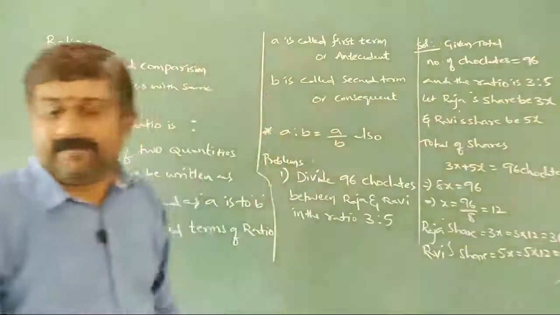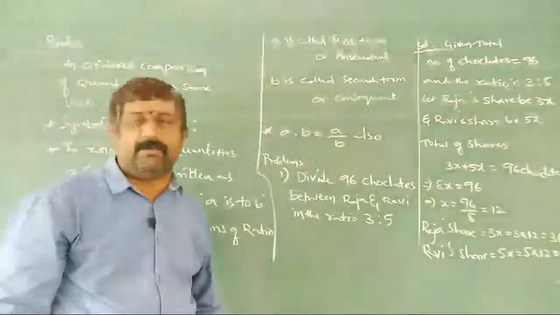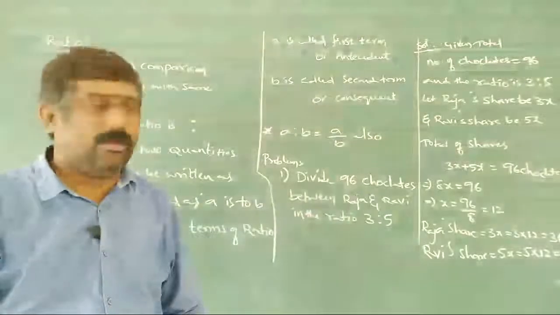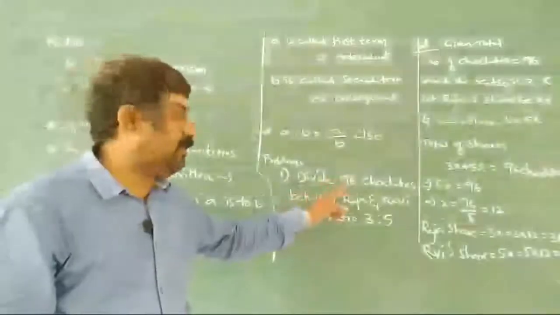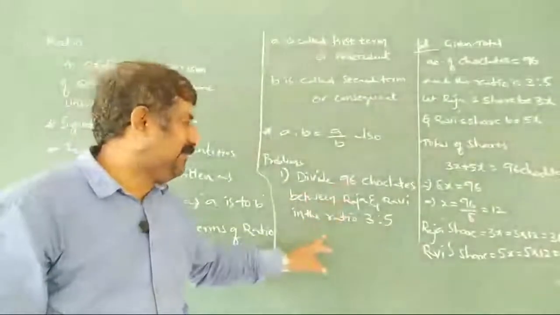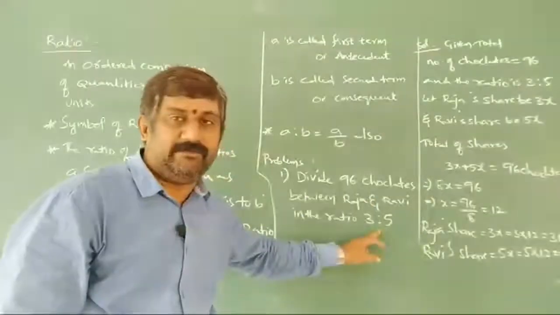So like this, we can divide whatever we require in the given ratio. Once again, the total number of chocolates is 96 and the ratio between Raja and Ravi is 3:5.